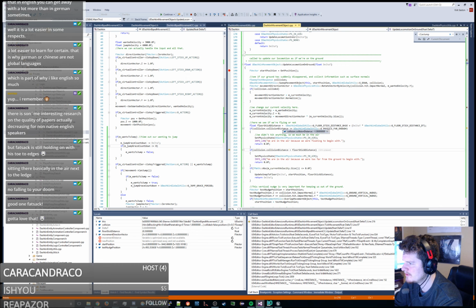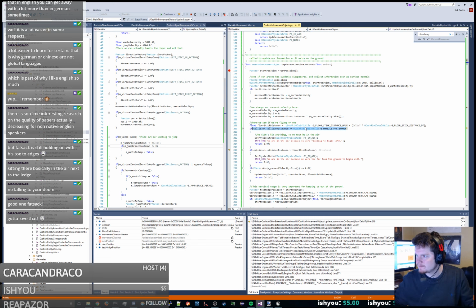Collision distance is greater than or equal to... What? Our collision distance is -1. Okay, so this should not be this right here. This should be if collision dot collided.